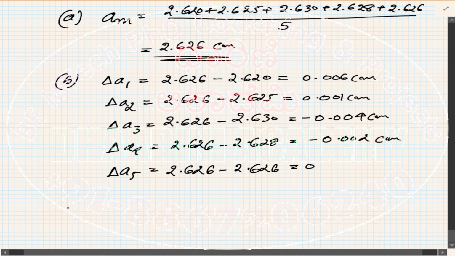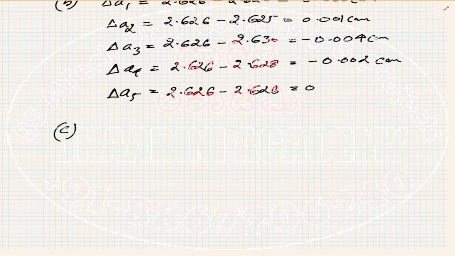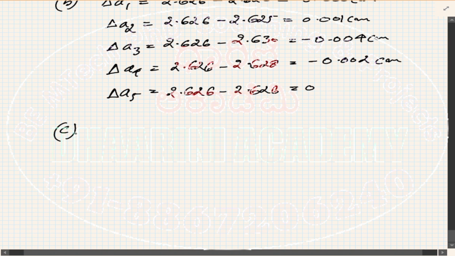Then we'll go to part C of the question. It says mean absolute error. So mean absolute error is delta A mean. How do you measure that? Take the magnitude.